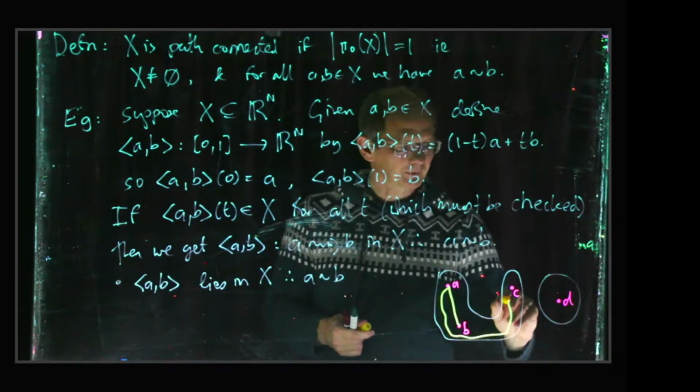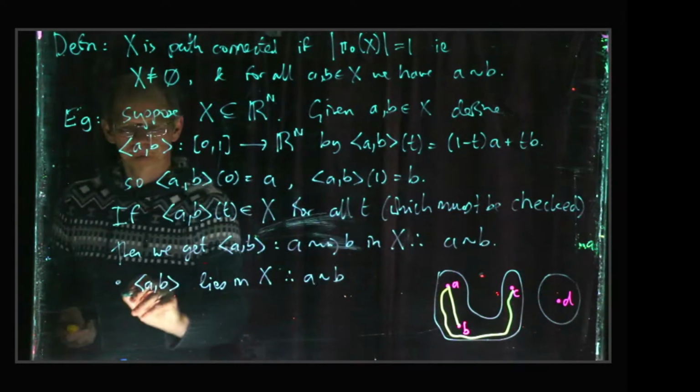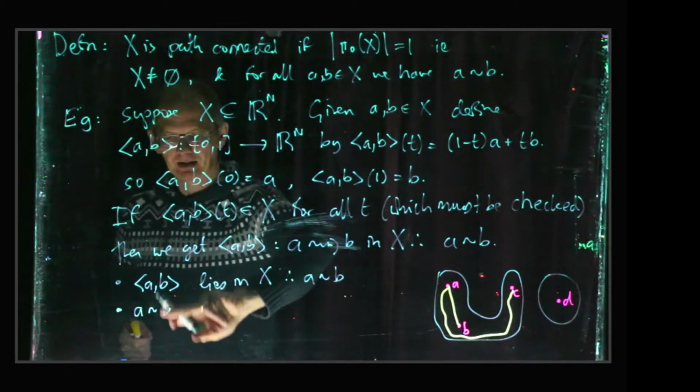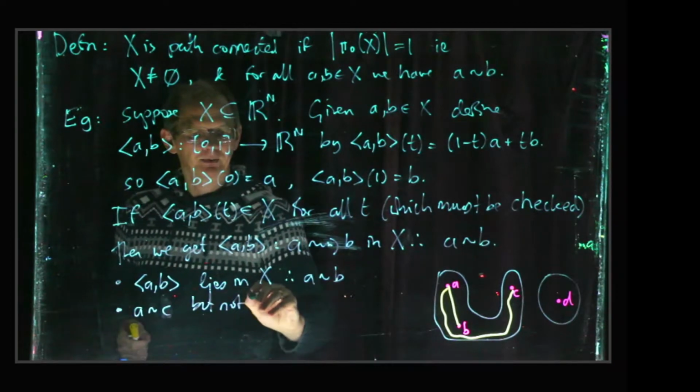Now we do have a path from A to C. So A is related to C, but not by a straight line path.